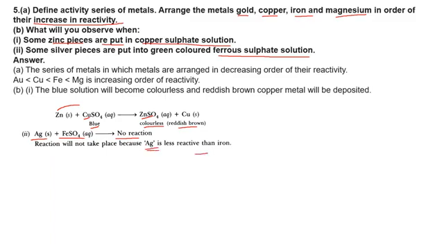So the series of metals in increasing order of reactivity: the least reactive is Au, that is gold, then comes copper, then iron, then magnesium, and this is the answer to this question.